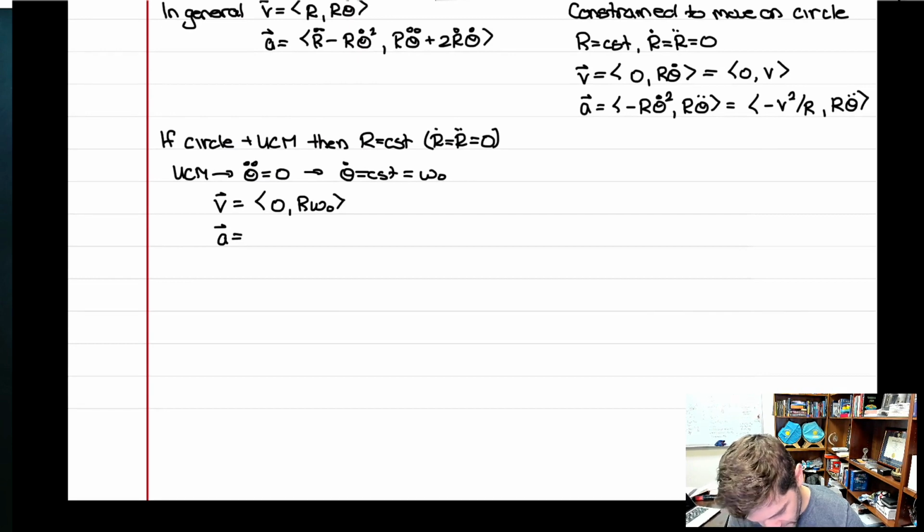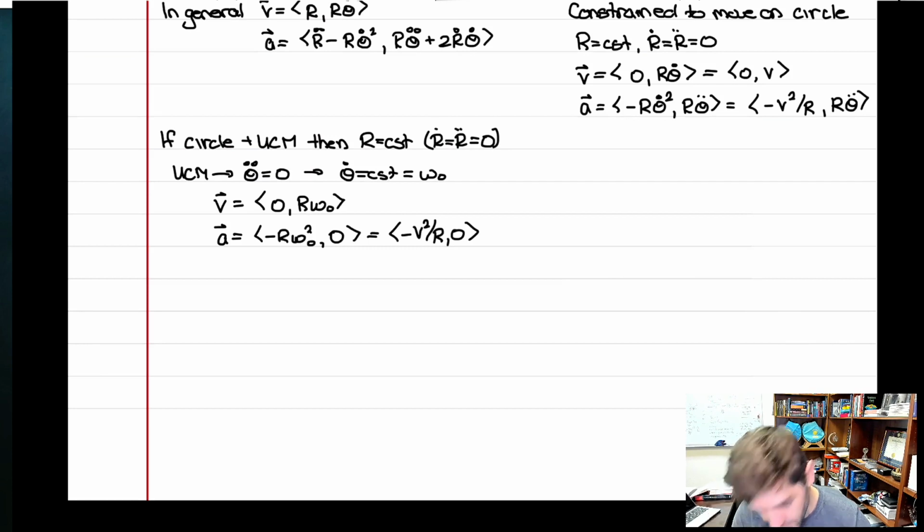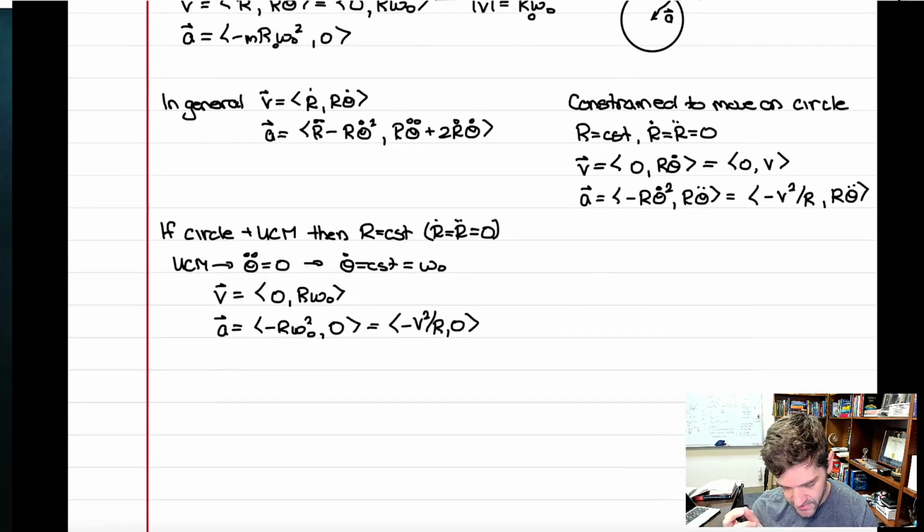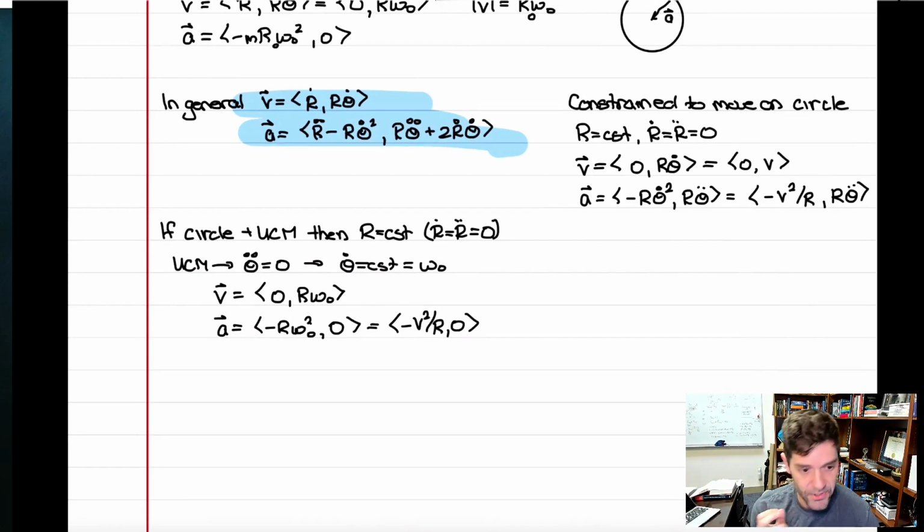And then the acceleration is minus r omega squared, comma, 0, since theta double dot is 0. Or again, you could write this as minus v squared over r, comma, 0, if you want to. The good old uniform circular motion results from the good old days of the intro sequence. So if you have these geometric constraints, you could always start here. This is super general, always true.